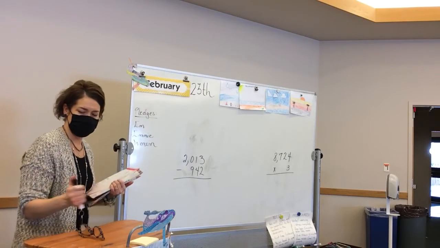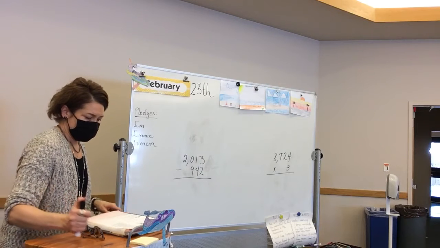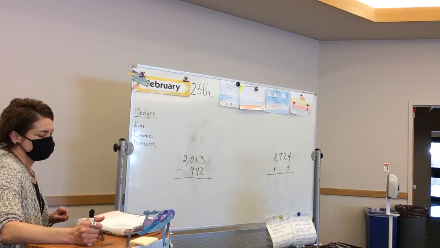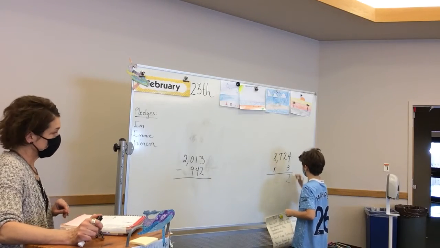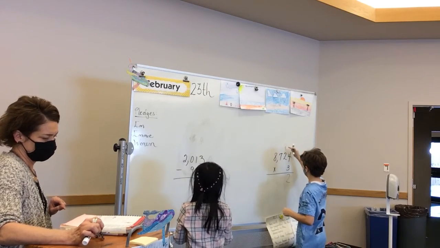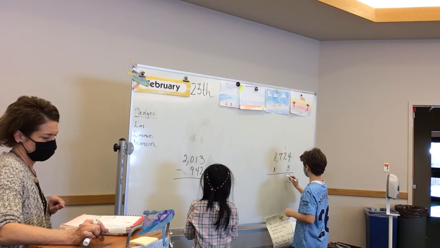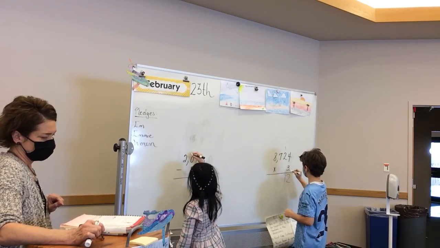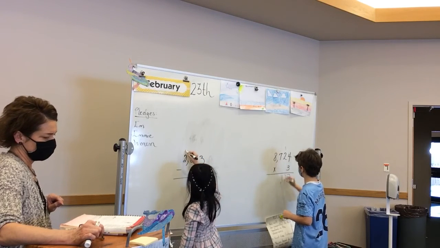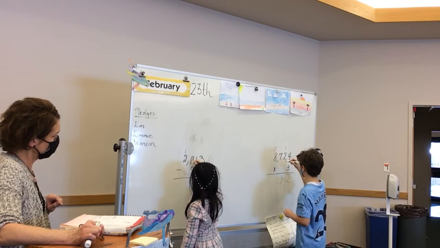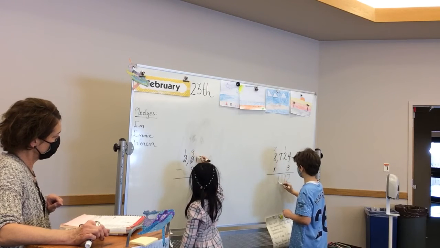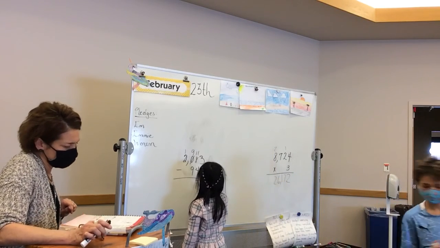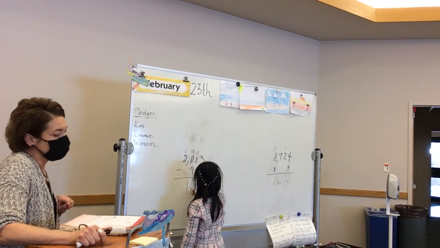Owen and Wincheen. And how do you say that number? 26,171.